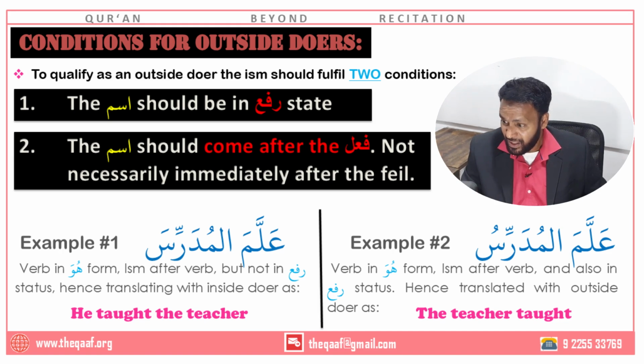Al-mudarrisa is rafa, so make it nasb. No. That's wrong. Al-mudarrisu would be rafa. Fatha is never rafa. Rafa is dhamma. So this is nasb. Oh. The second condition is not fulfilled.